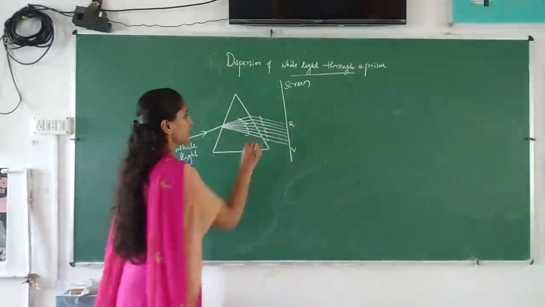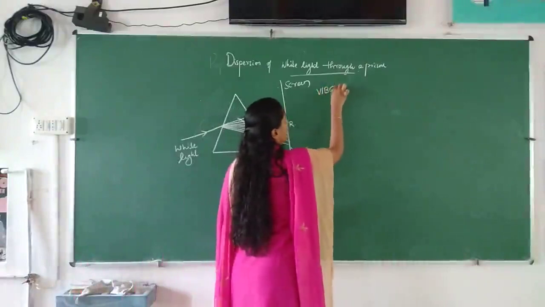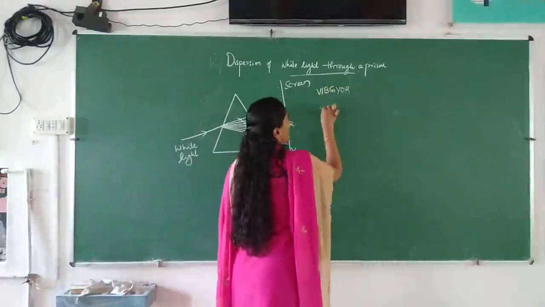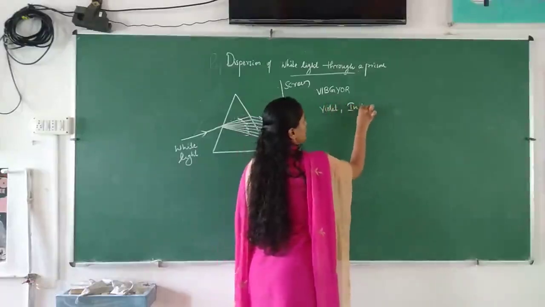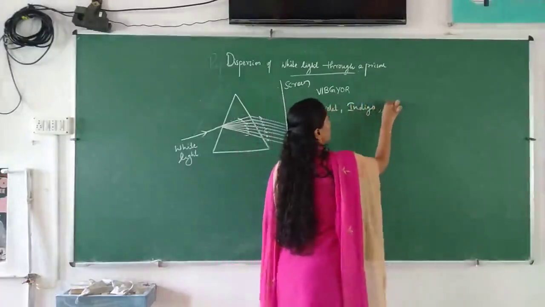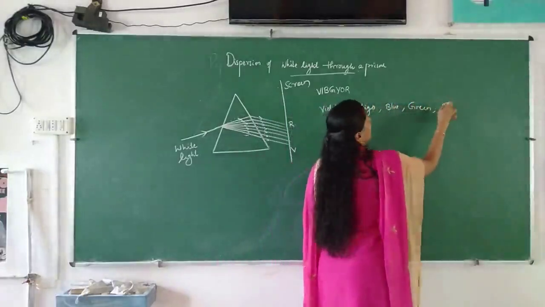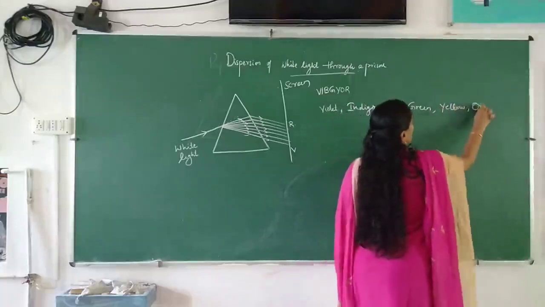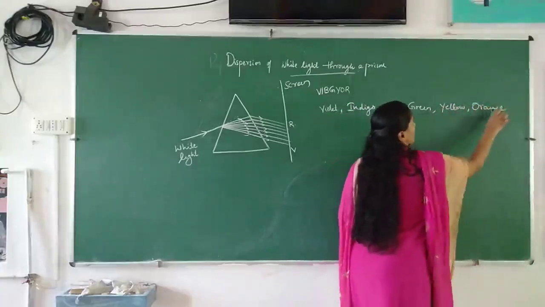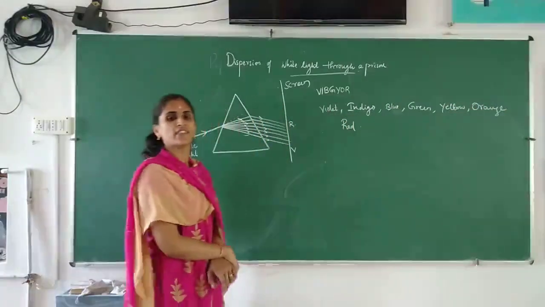Which are the colors? VIBGYOR. Violet, indigo, blue, green, yellow, orange and red. So you can see 7 colors.